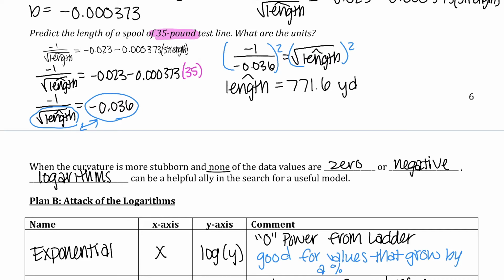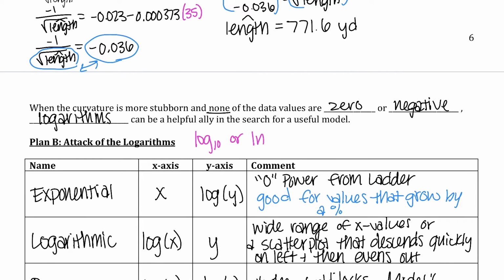Okay, we call it exponential. And that's when you take the log of your y values. And this can be regular logs or natural logs. So log base 10 or natural logs are fine here. It doesn't really matter. But this one is good for your values if they grow by a percentage or if you kind of see that happening like an exponential function.